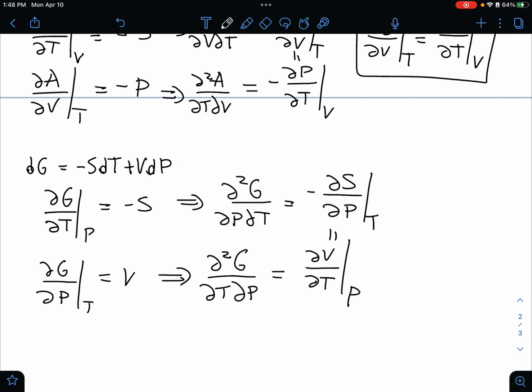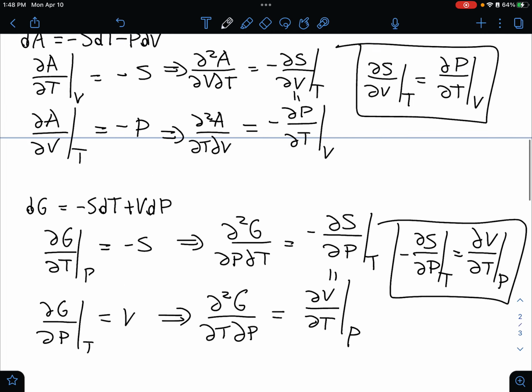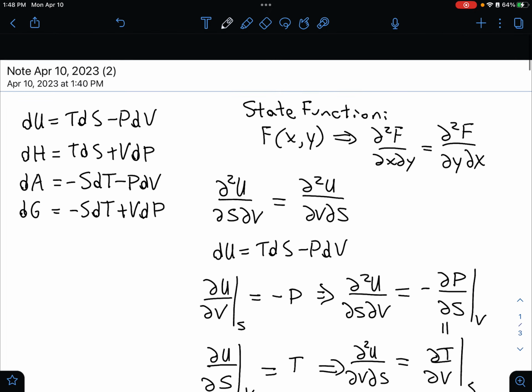And so the last Maxwell relation we're going to get here is minus dS dP at constant T equals dV dT at constant P. And I think we're done.